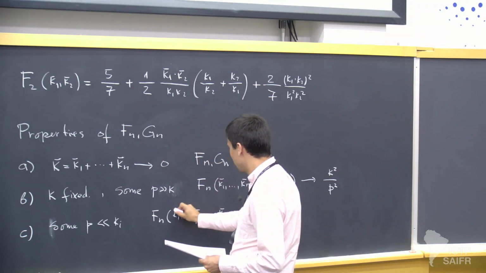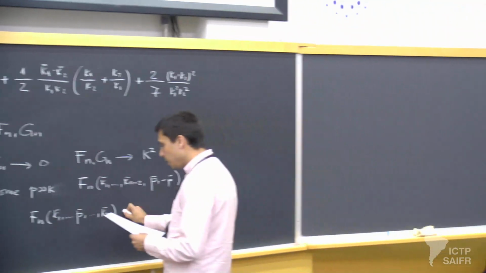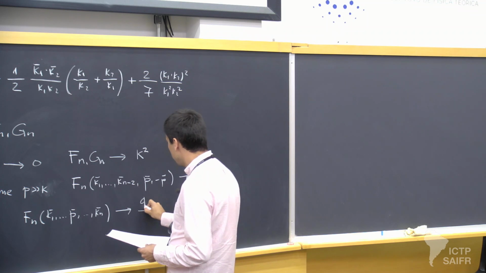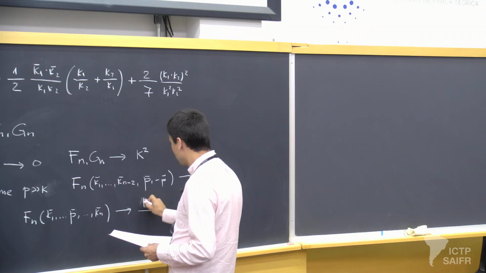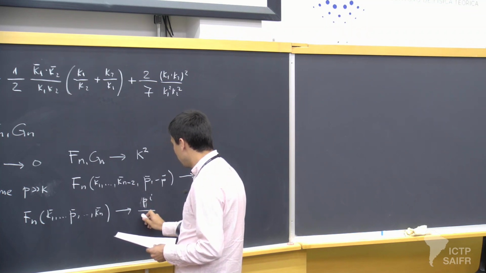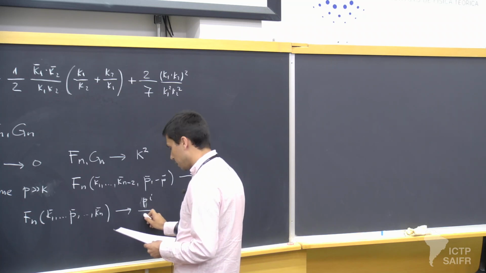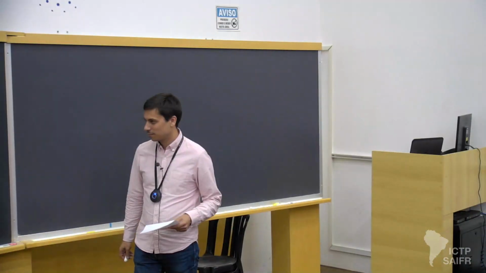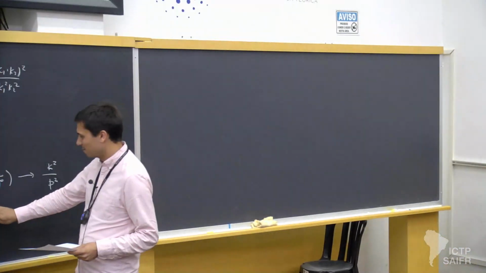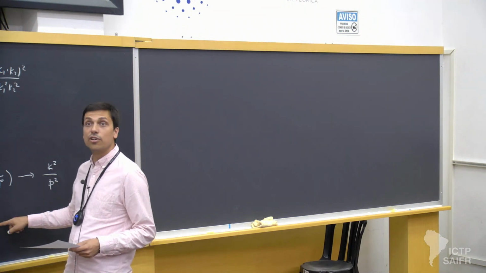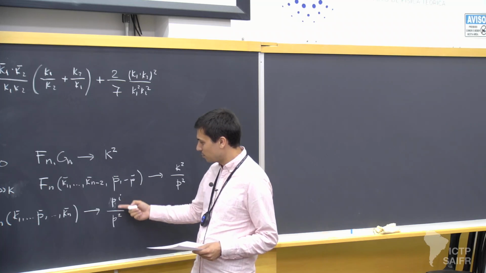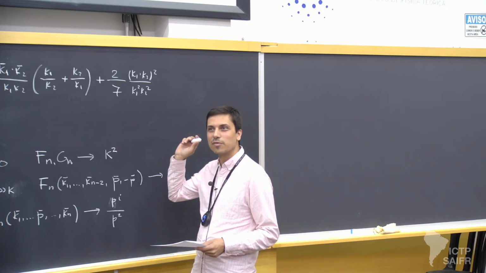I can choose any one I want. That one goes to something like this: there will be a term with p divided by p squared. So there is a divergence. When p goes to 0, this becomes very large.